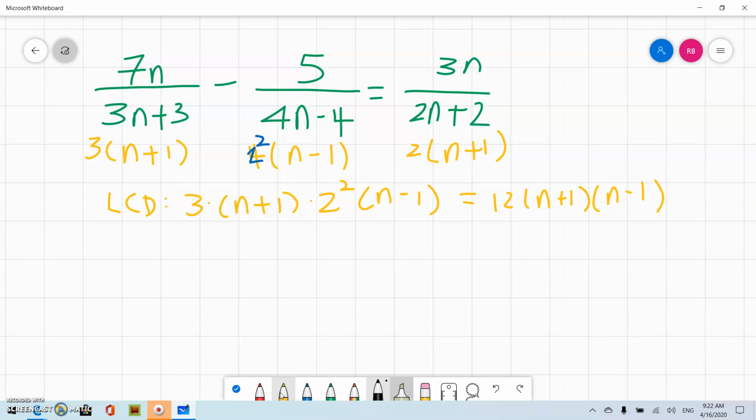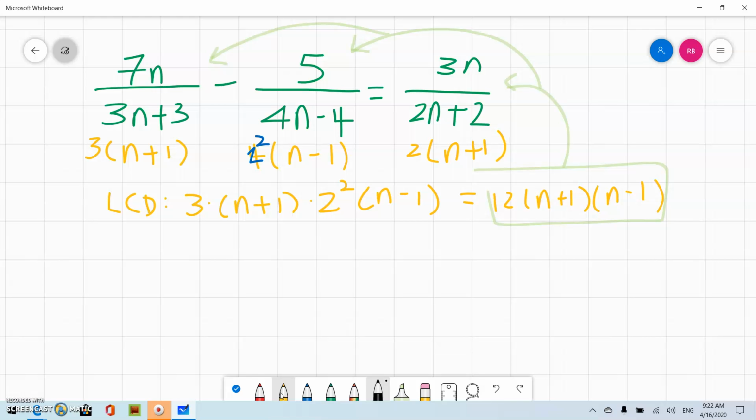And I'm going to multiply this to each of the fractions just like we did before. It's just going to be a little bit longer because we're going to end up having a quadratic equation. Let's see.